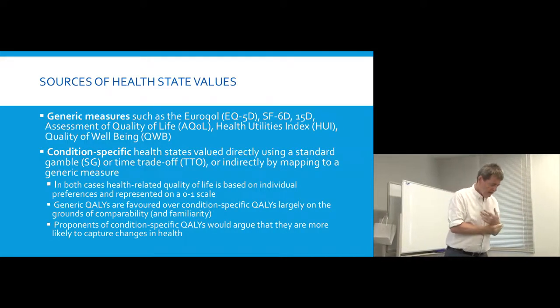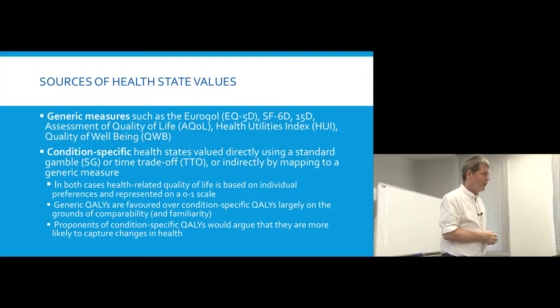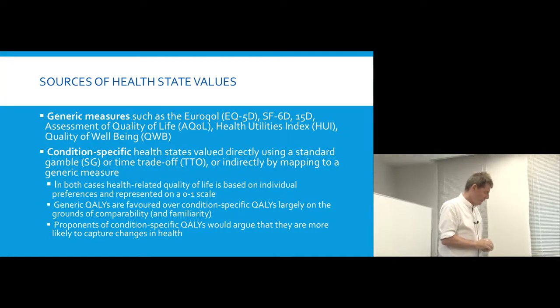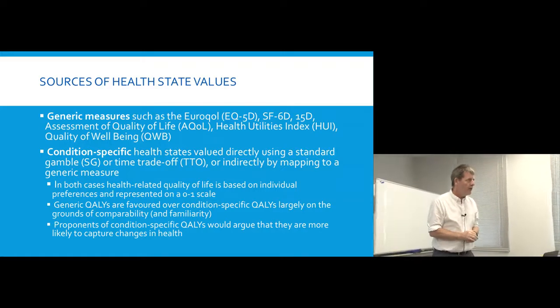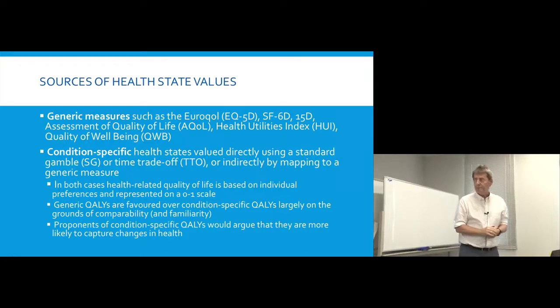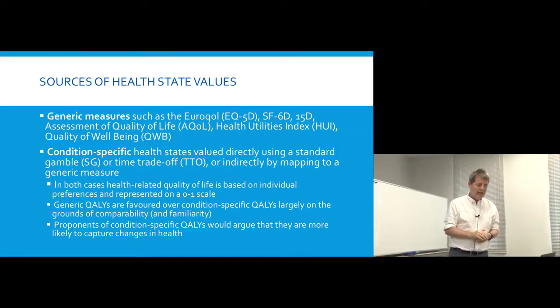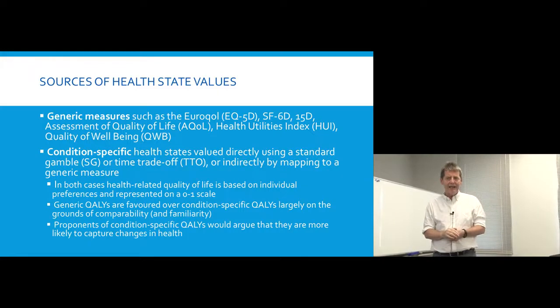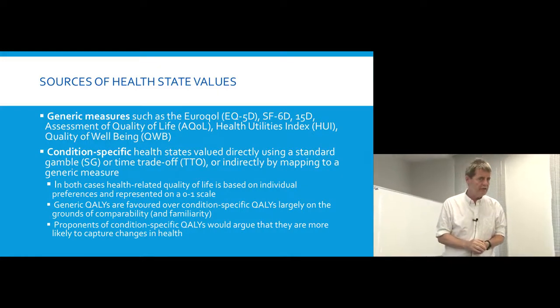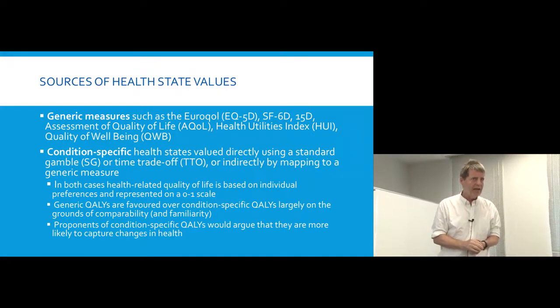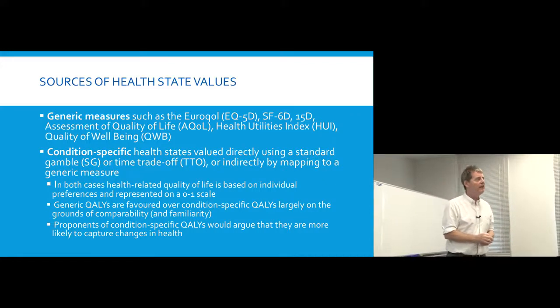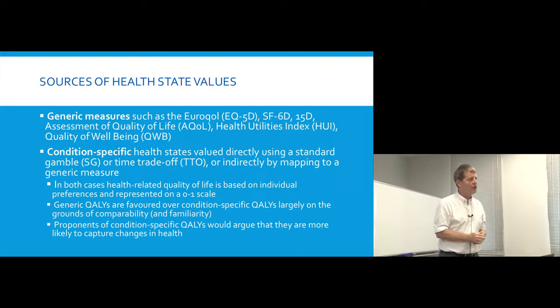In both cases, whether we're using condition-specific or generic descriptions to start with, the health-related quality of life, as it's called, is based on individuals' preferences and is expressed in such a way that it's on a scale from 0 to 1.